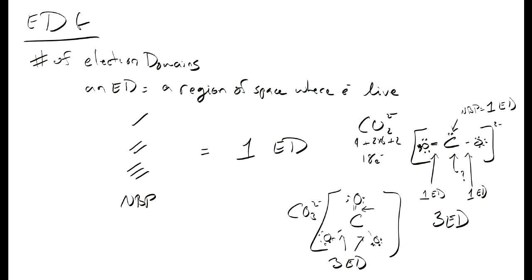So these are going to have different molecular geometries, but they'll have the same electron domain geometry because they have the same number of electron domains. So electron domains, all you do is you count the number of domains, and the number of domains tells you what the electron domain geometry is.